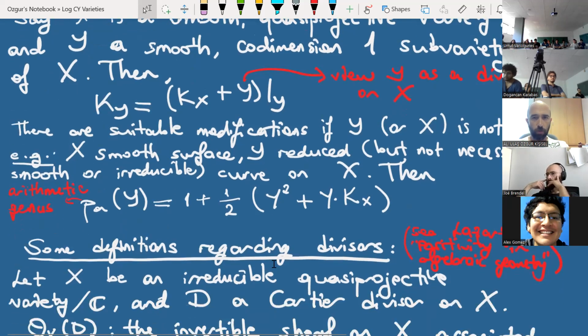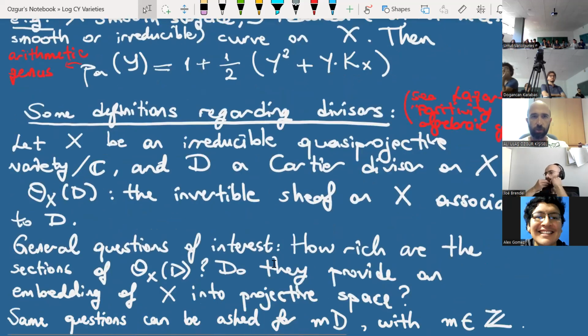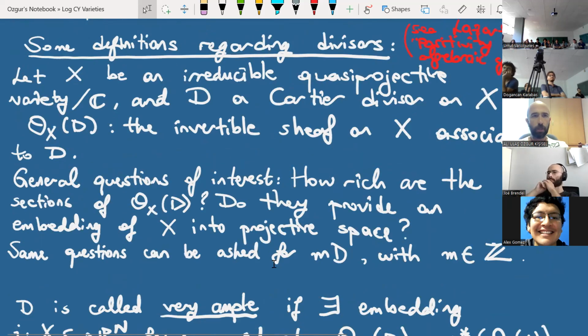So I want to also go through some definitions regarding divisors. A very good source is Lazarsfeld's book, Positivity in Algebraic Geometry. So for this purpose, let X be an irreducible quasi-projective variety over C and D a Cartier divisor on X, and O_X(D) the invertible sheaf corresponding to D. So the general questions of interest in algebraic geometry about divisors would be, how rich are the sections of the sheaf O_X(D)?